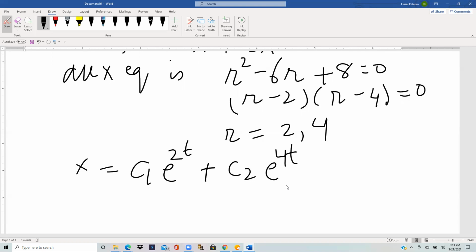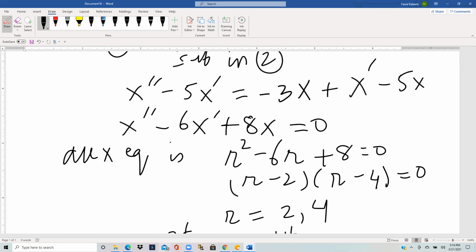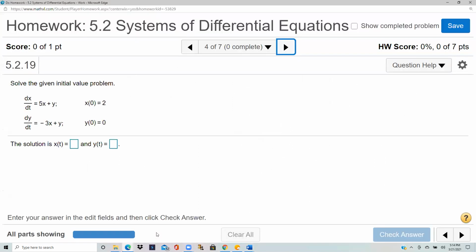So we are given that x of 0, so let's look at the problem again. x0 is 2, y0 is 0. Okay.